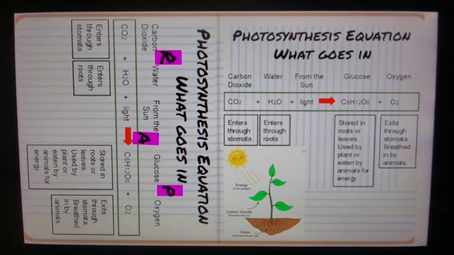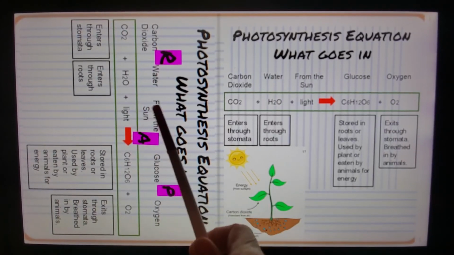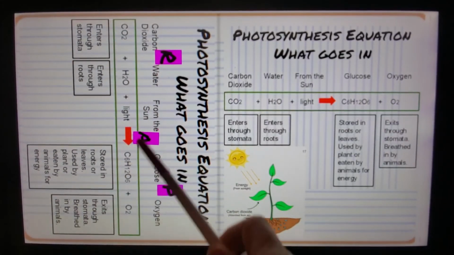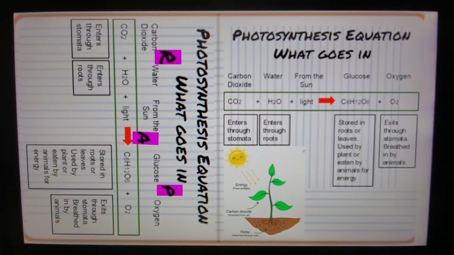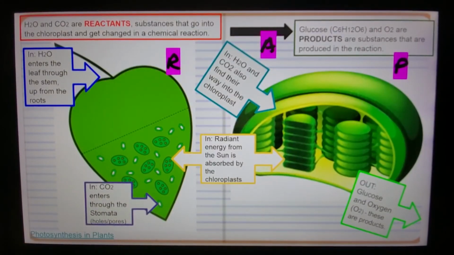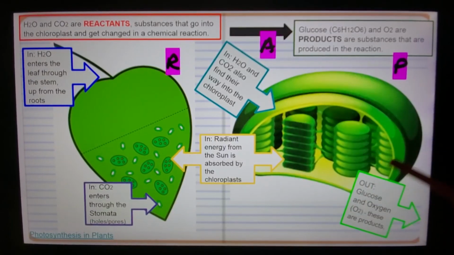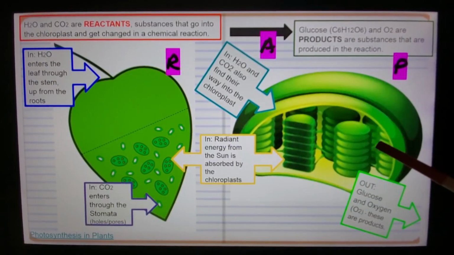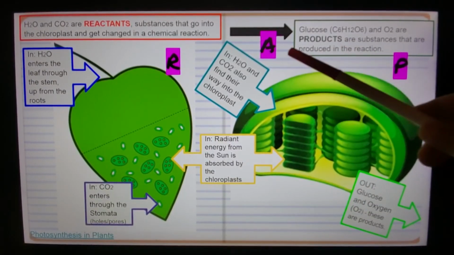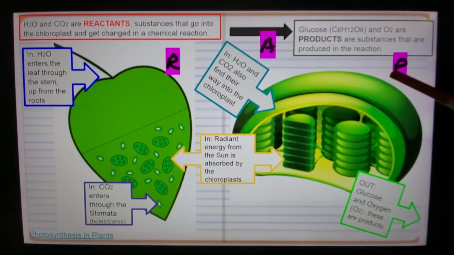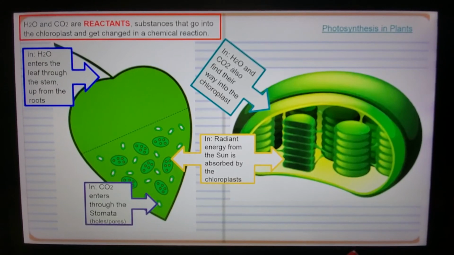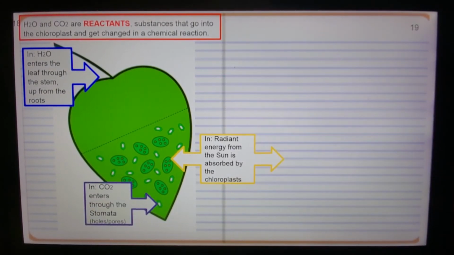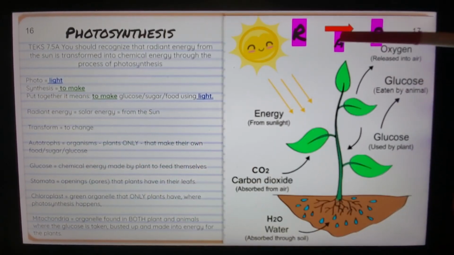Again, your homework for the day is to put this page into your interactive notebook. You're also going to add this big old jumbo chloroplast and some of these notes that I've added to what you had from the day before on that page, as well as this page here.